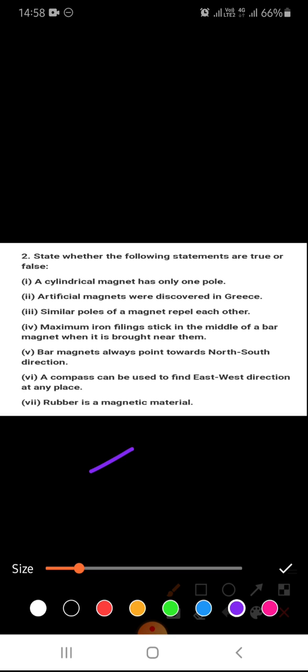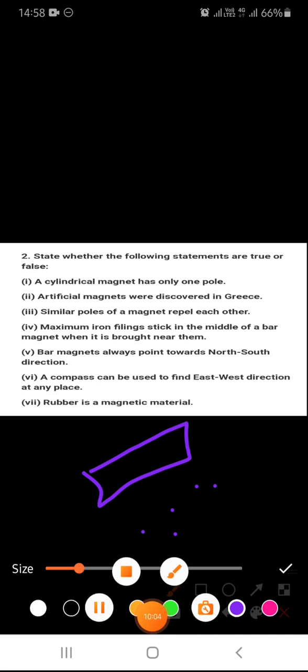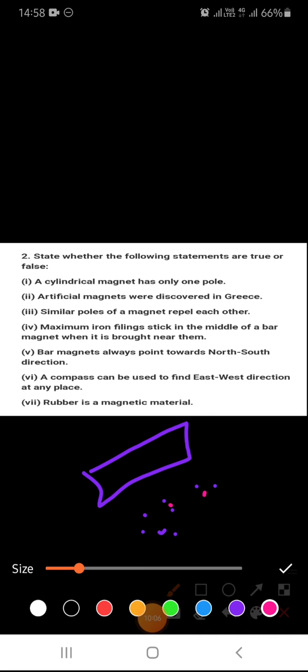Maximum iron filings stick in the middle of a bar magnet when it is brought near them. Is it correct or false? It is said that if a bar magnet is there and we spread iron filings here, then the maximum of the iron filings will stick in the center.